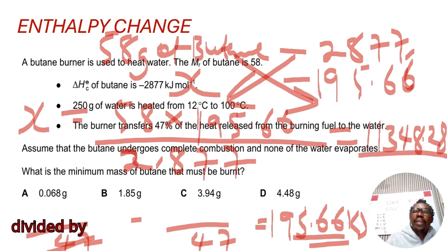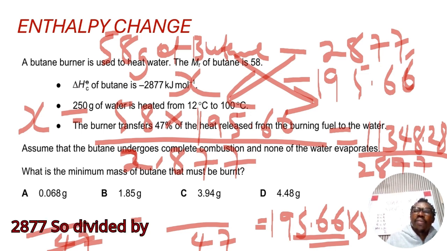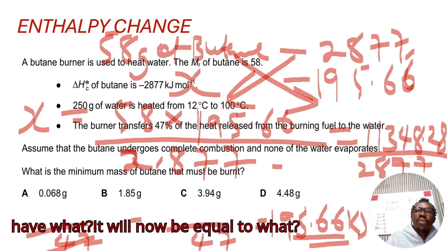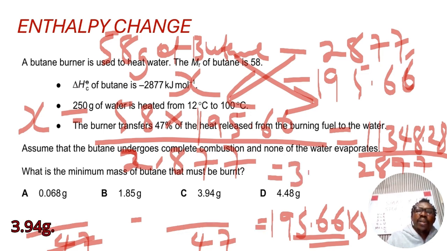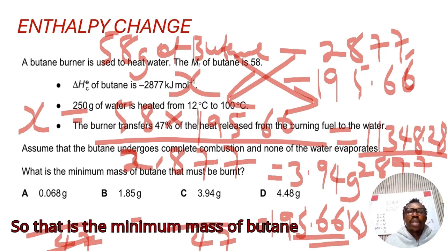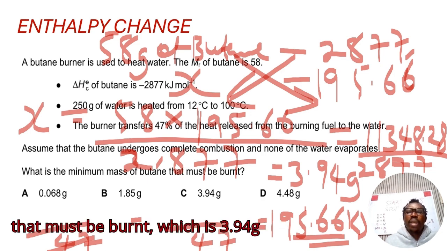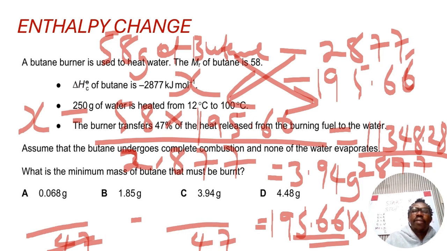Then divided by 2877. So divided by 2877. So you have what? It will now be equal to 3.94 gram. So that is the minimum mass of butane that must be burnt, which is 3.94 gram.